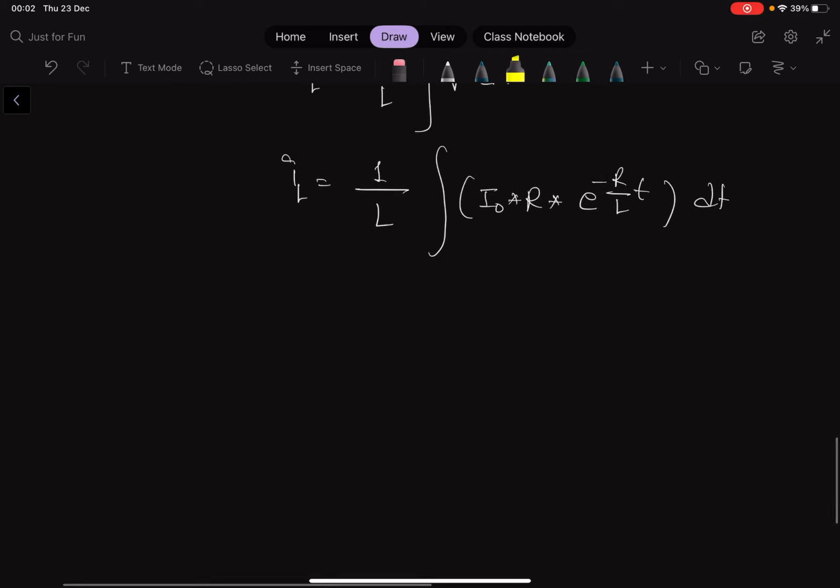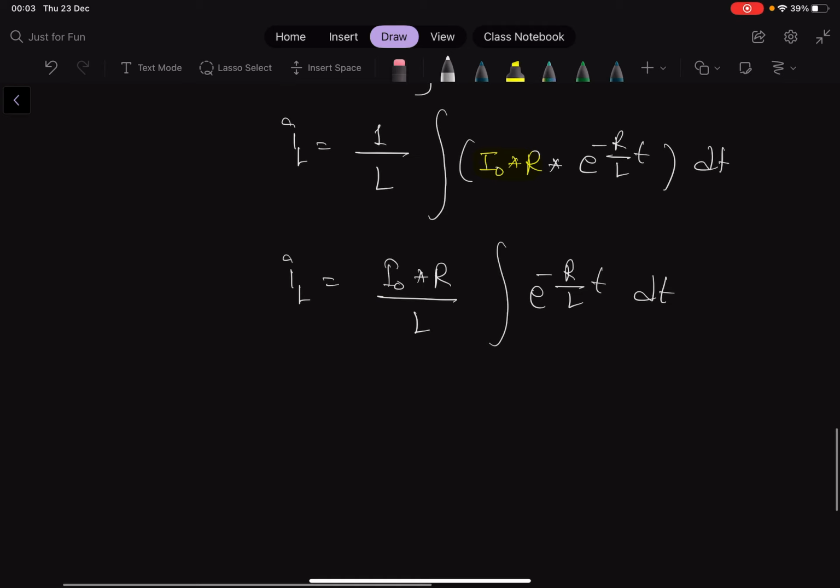Now we know that these two are constants, so they can go outside. So we'll get IL, which is I naught times R over L, and then left over is going to be the integration of e to the power minus R over L t and dt.